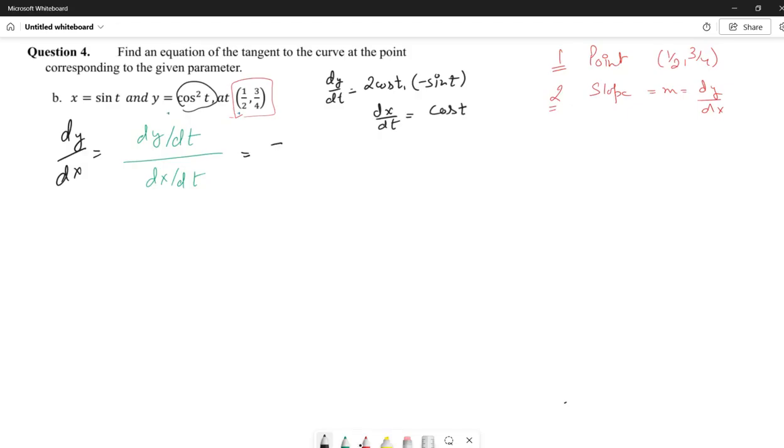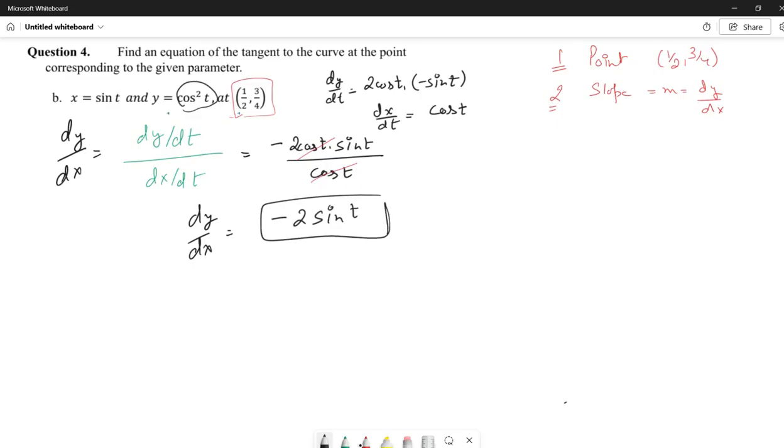So we have -2 cosine t sine t divided by cosine t. We see that cosine will cancel. Therefore, dy by dx is equal to -2 sine t.